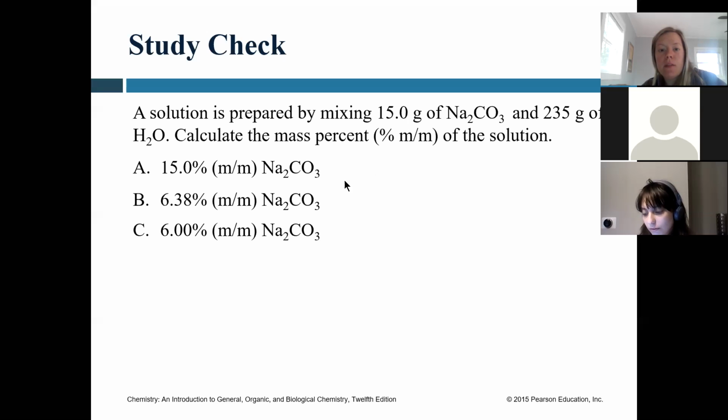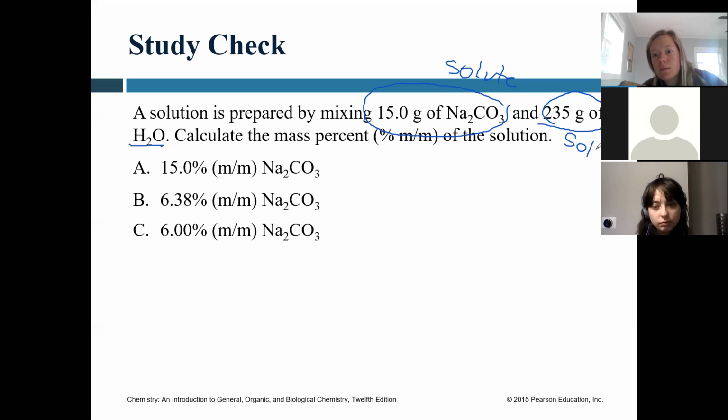Okay, so when working on this problem, you kind of want to note, what is the information? So this here is your solute. That's the thing that's getting dissolved. So that's going to go on the top. This over here is the solvent. So in this problem, they don't give me the information of the solution.